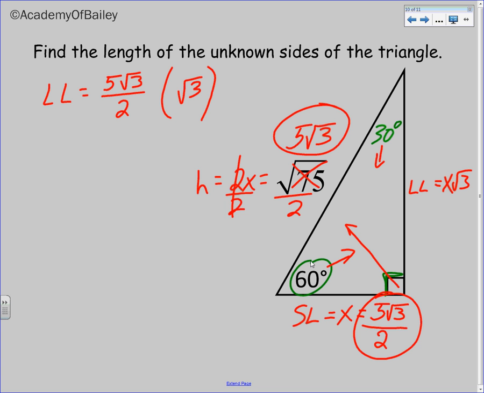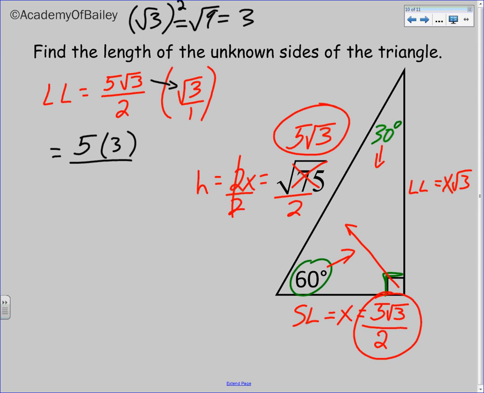Now, how do we do this? Well, it's a fraction, right? Put that over 1. Multiply the top numbers. 5 does not have any other numbers to multiply by. And then you multiply the radicals. The square root of 3 times the square root of 3, well, that's the square root of 9, which is, you didn't even have to go to the square root of 9.